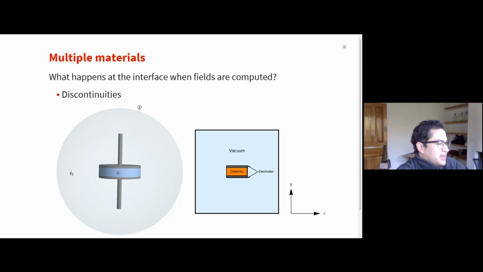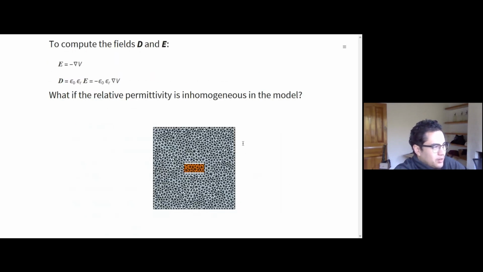So what happens at the interface when fields are computed from an electrostatic model with multiple materials? One can see discontinuities, and these discontinuities arise because we have different materials. So these, in some cases, can cause issues when computing fields with multiple materials.